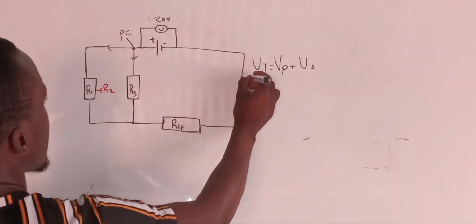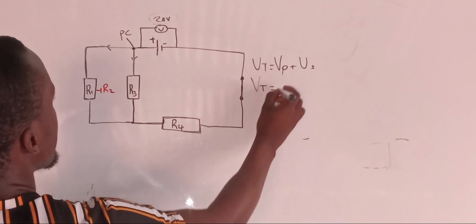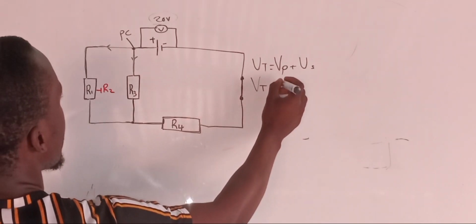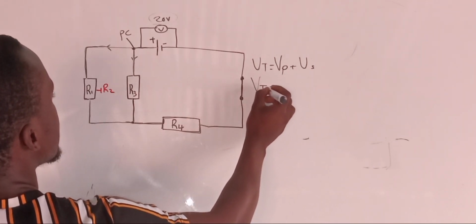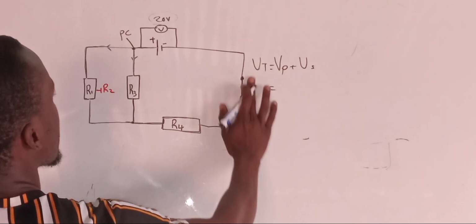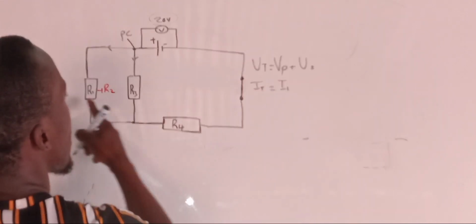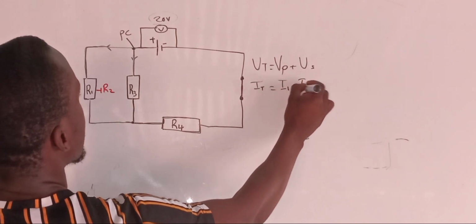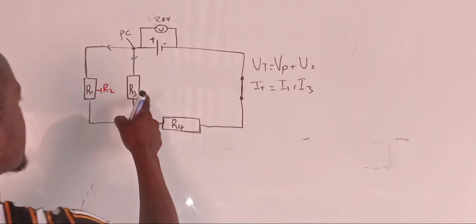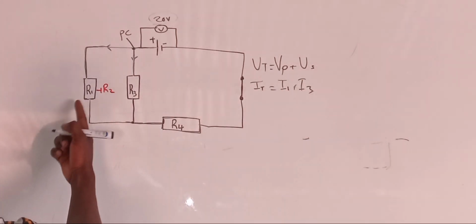Then for I total, I can use two ways. I total equals I at resistor number 1 plus I at resistor number 3, because we actually sum them.